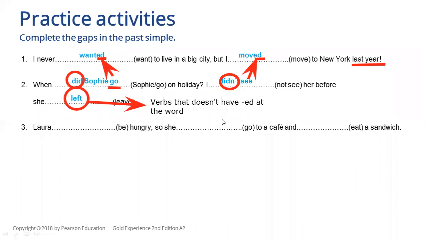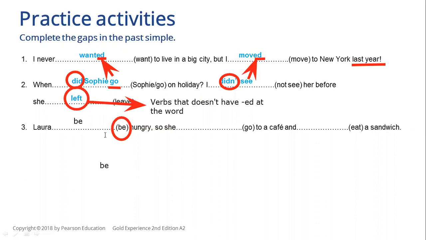Now, let's go to the final sentence. Laura be hungry, so she go to a cafe and eat a sandwich. Remember that this is tricky for you. You always have confusions with this because you think that be is going to be the word be, that's it. You're going to write be here, and that's it.